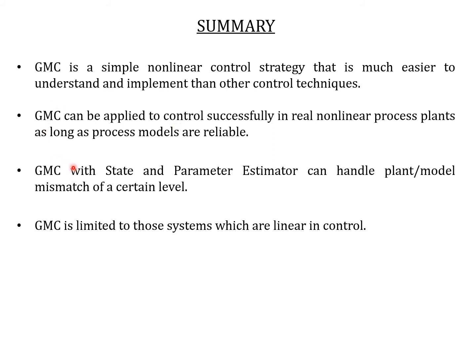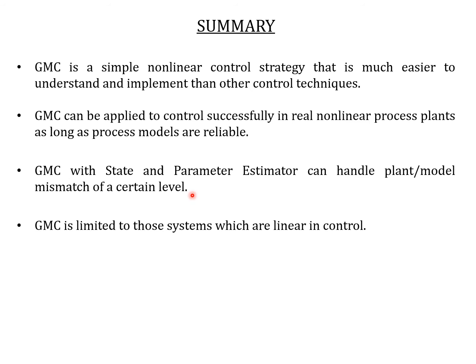But whatever it is, a state and parameter estimator can handle plant-model mismatch. If we have an unknown state or parameter, we can use a state parameter estimator like a Kalman filter to handle this model mismatch and take care of uncertain parameters. Some are more certain, some are uncertain, and unmeasured parameters and variables can be handled using this estimator. Then we can implement the GMC formulation directly.